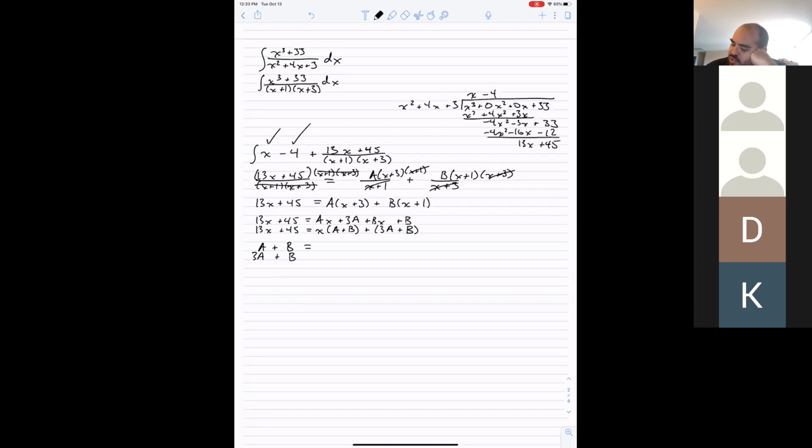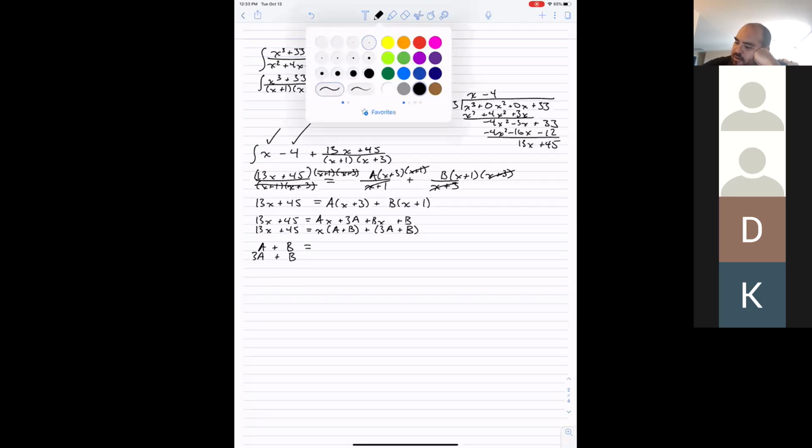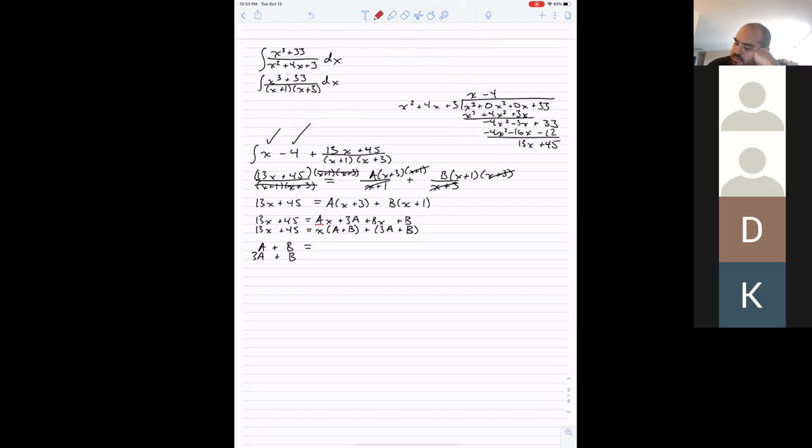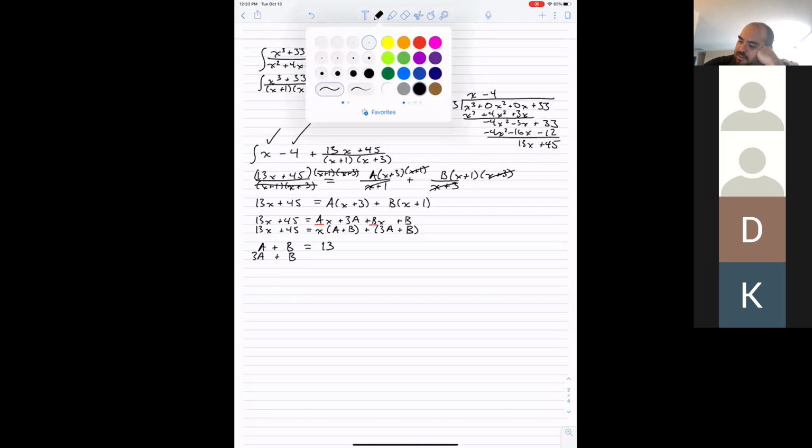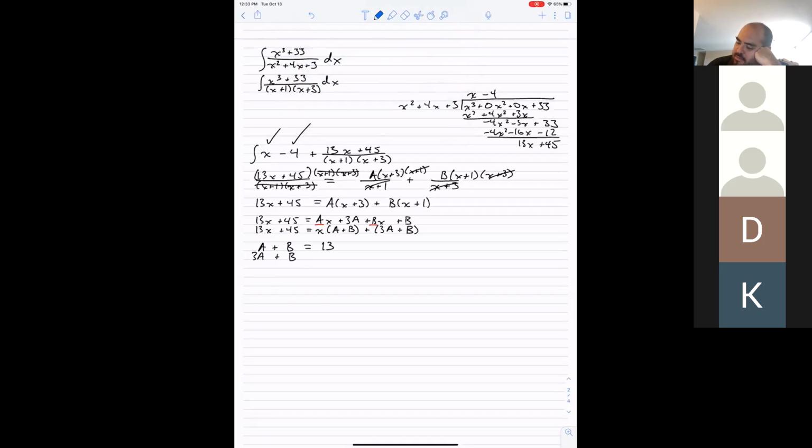So yeah, we already distributed it. So our x terms are going to come from ax and bx. So I know that ax plus bx has to equal 13x, or a plus b equals 13. And then for a similar reason, 3a plus b has to equal 45.